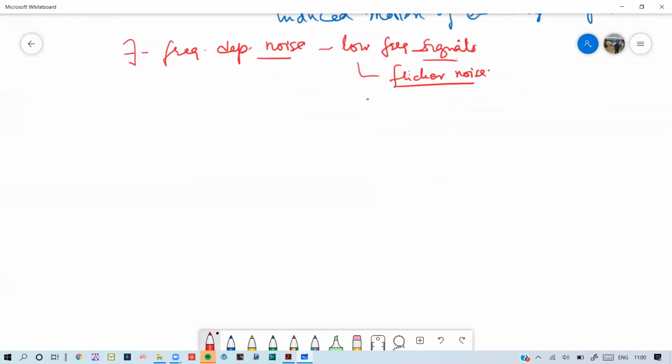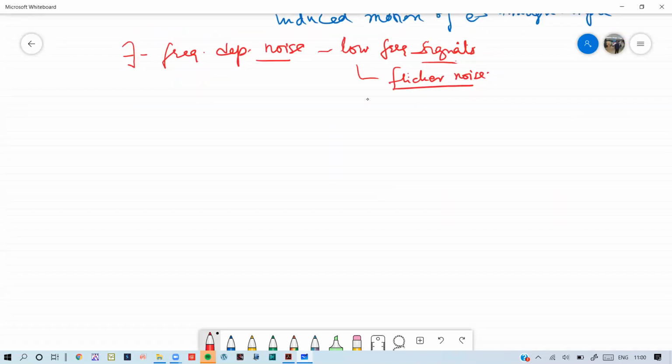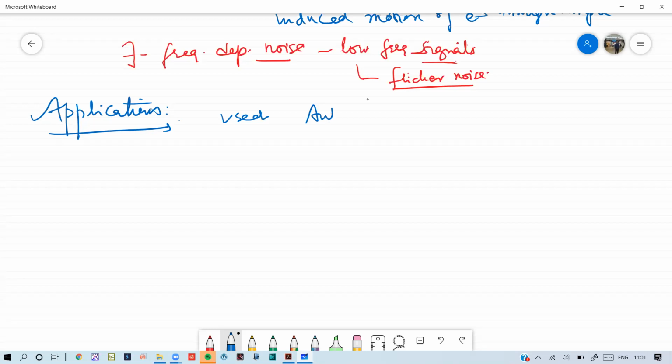Now, its applications. What are the applications of Hall sensors? It is used in almost different categories, for different applications. For example, one is used in automobiles as well. It is used for measuring the sensitivity of different instruments.